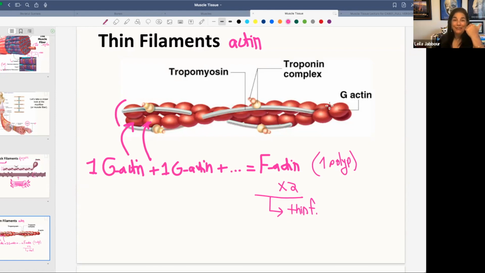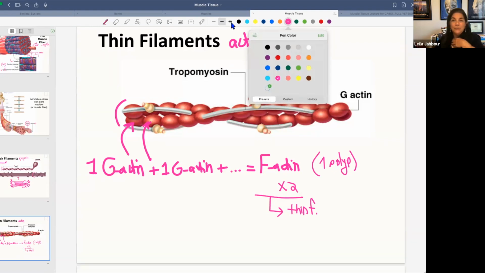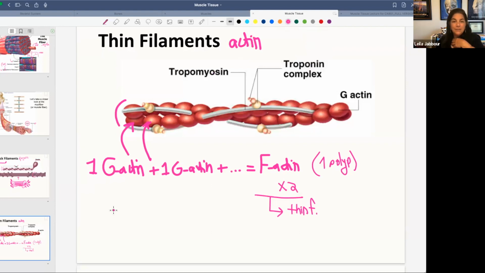So just like the thick filaments, the thin filament is made of two polypeptides that are kind of intertwined with each other. So when we draw it, I'm going to use this thicker pen here. And this is kind of what we draw. We do this, and maybe a slightly different color here. Like this, okay?